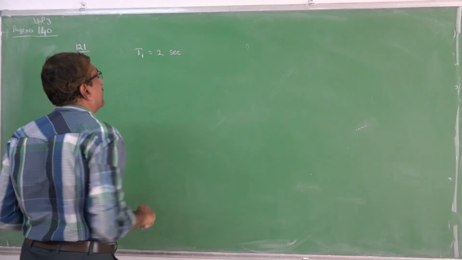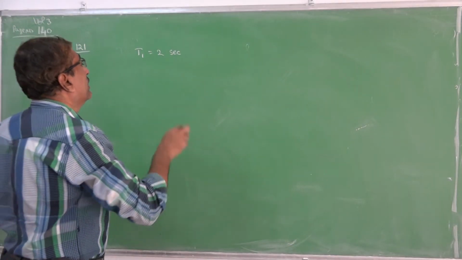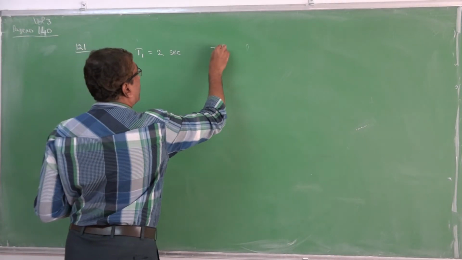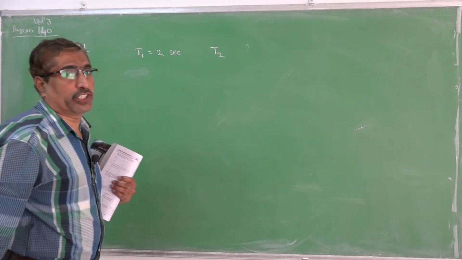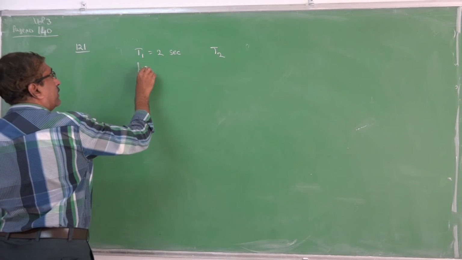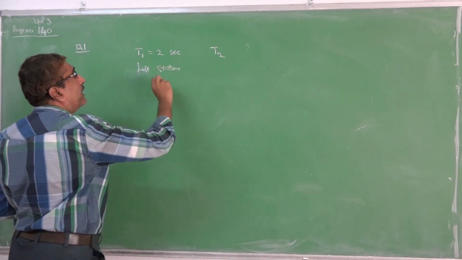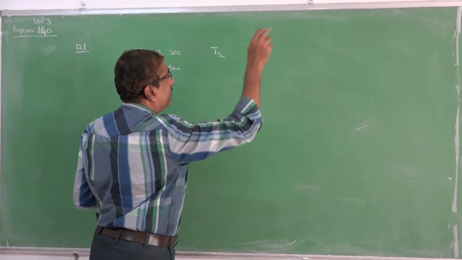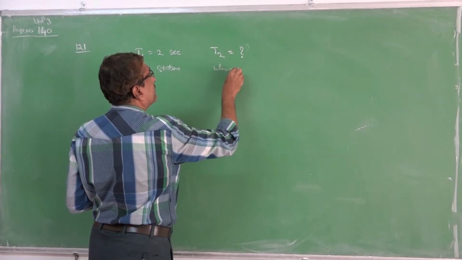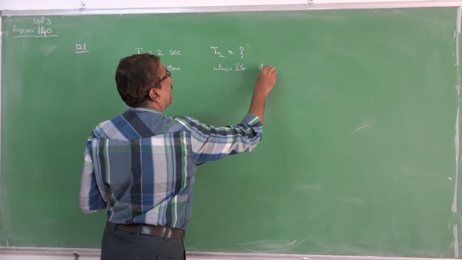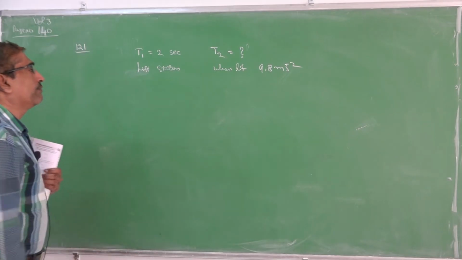You have to calculate T2. So T1 is when the lift is stationary. T1 is the time period when the lift is stationary and the pendulum is attached to the roof of the lift. We have to calculate the time period when the lift is moving with an acceleration 9.8 meter per second squared.